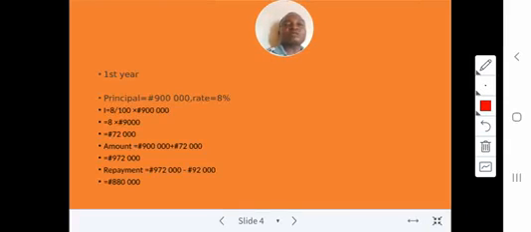Principal is equal to 900,000, rate equal to 8%, and the interest becomes 8 over 100, as usual, times 900,000 naira. 900,000 divided by 100 gives you 9,000, and times the 8 amounts to 72,000 naira.